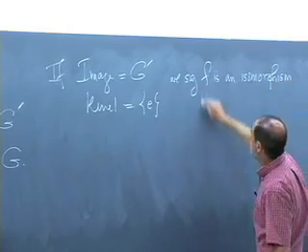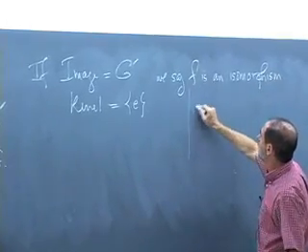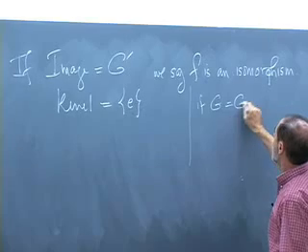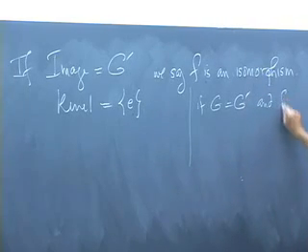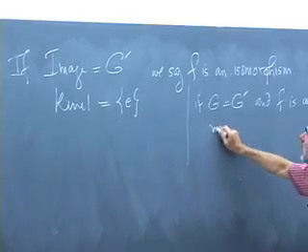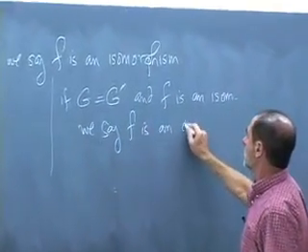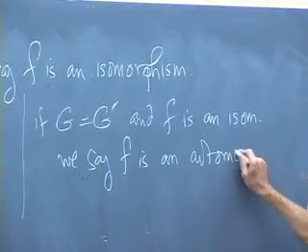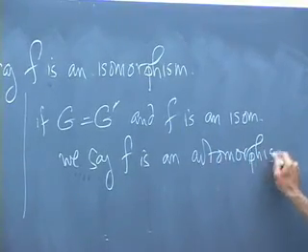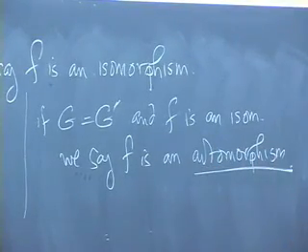And if, beyond being an isomorphism, G is equal to G prime and f is an isomorphism, we say f is an automorphism, an isomorphism from G to itself. We'll give some examples of that.